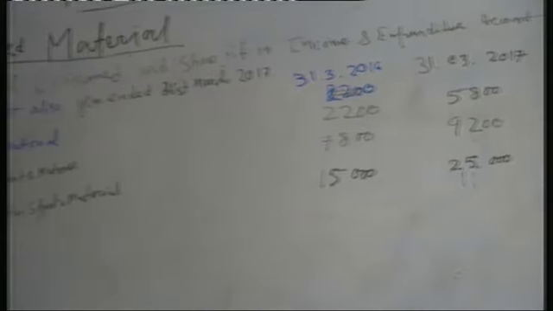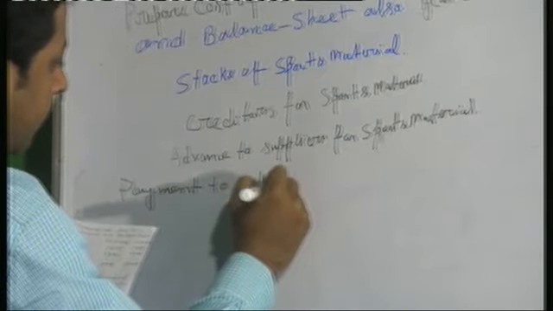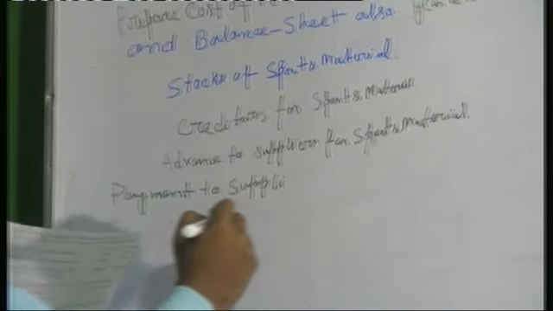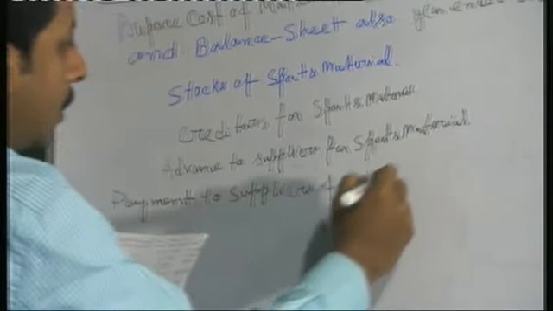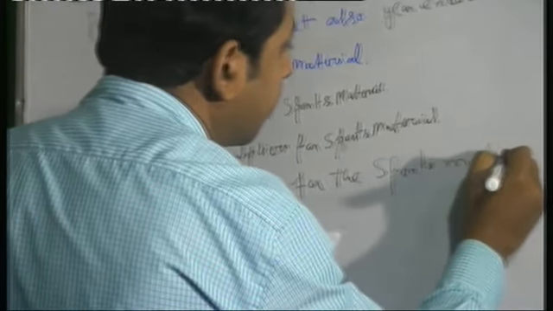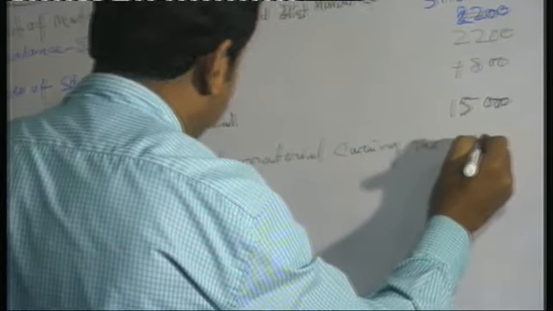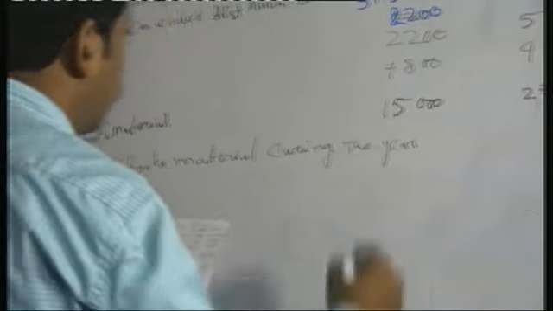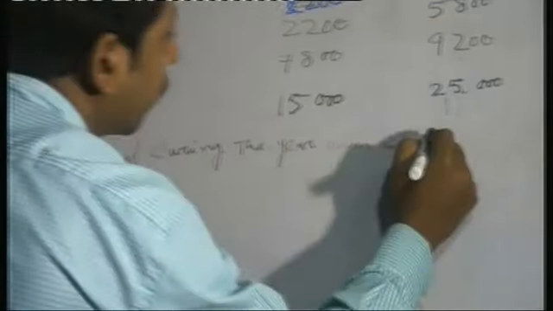Payment, there is another information given. Payment to suppliers for the raw material during the year was rupees 1,20,000.